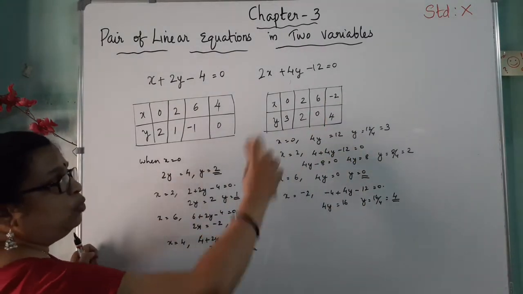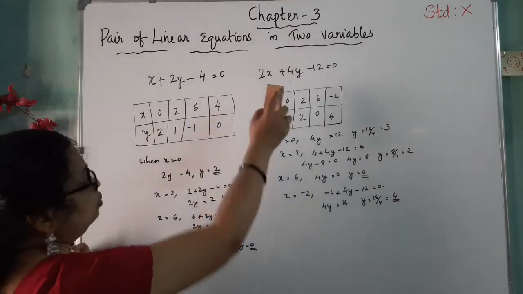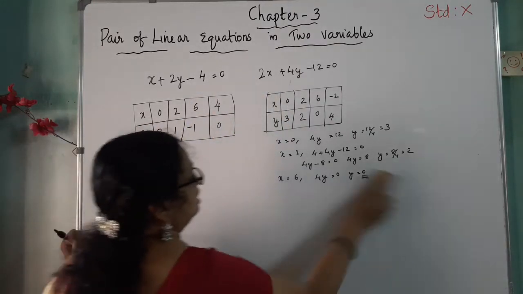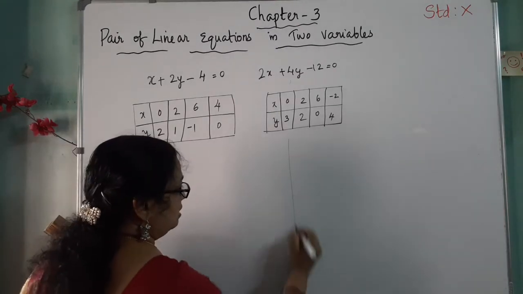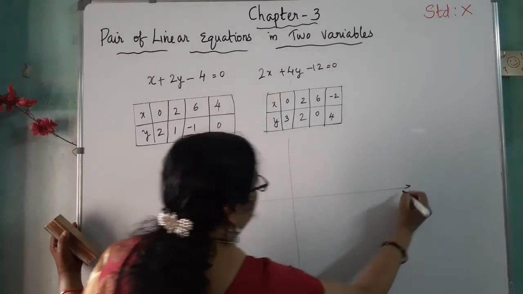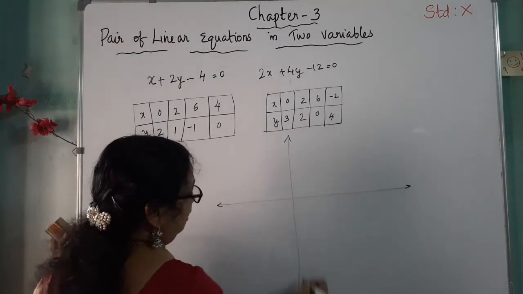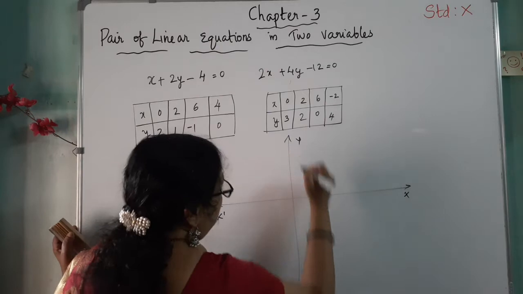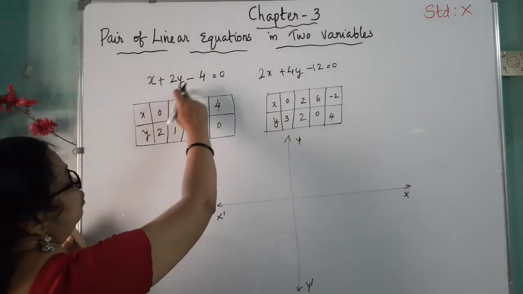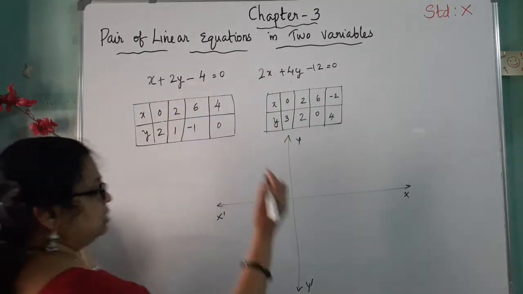So plotting these points, we can draw the graph of these two lines. This we can draw using scale and pencil. You draw the axes on a graph paper. This is x, x dash, and this is y, y dash. First, x plus 2y minus 4 equal to 0. We can plot these points.